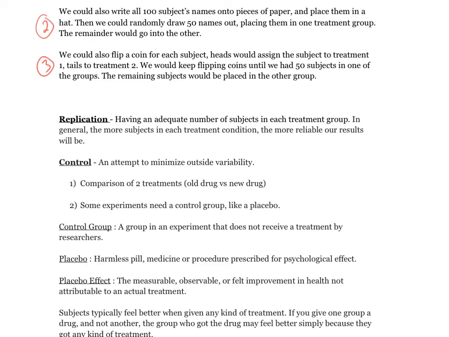But anyway, we need a control group. It could be an old versus new drug, or it could be a placebo. A control group is a group in the experiment that does not receive a treatment by the researchers, but they should receive something. And most of the time we use a placebo, which is a harmless pill, medicine, or procedure prescribed for psychological effect.